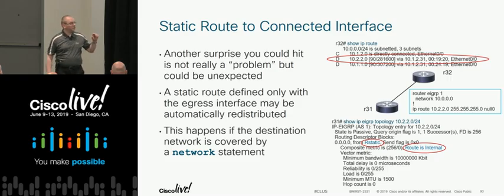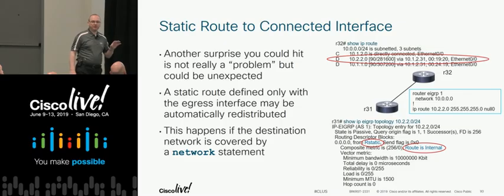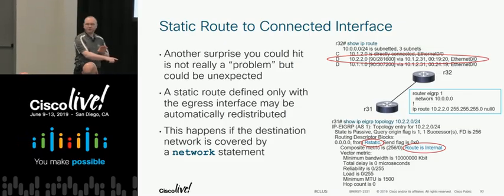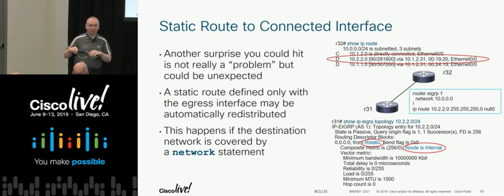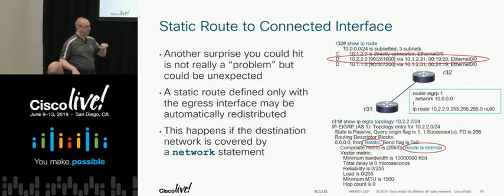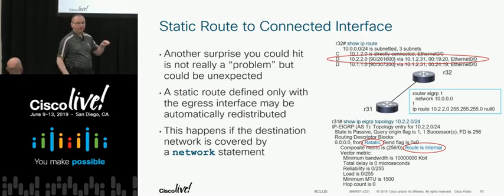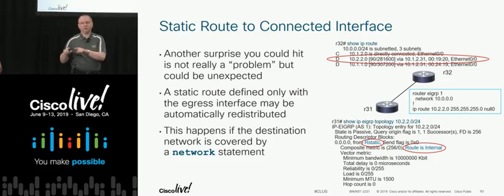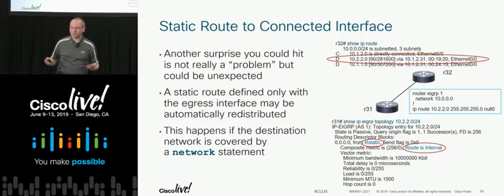Well, in IOS, if you define a static route that just points out an interface, doesn't use a next hop, it's treated as directly connected. Actually, even if you do show ip route, it will say S as static, of course, because it's static, but then it continues and says it's directly connected. So it's actually both. And since the network command applies to directly connected routes, EIGRP simply obeys and injects that route into EIGRP. And this is what's going to happen.